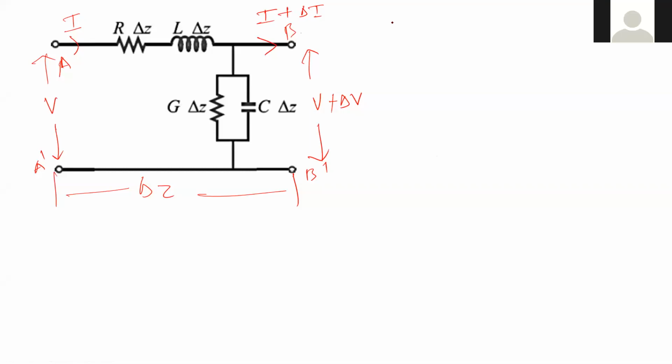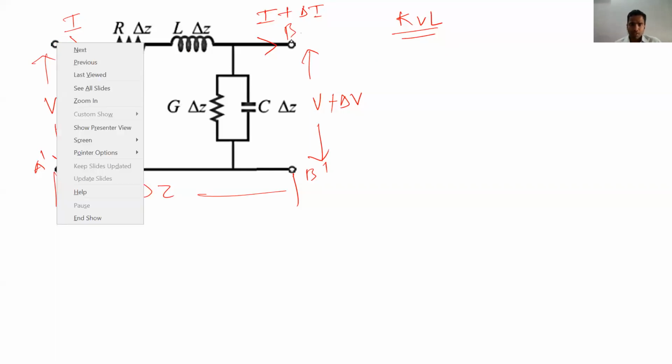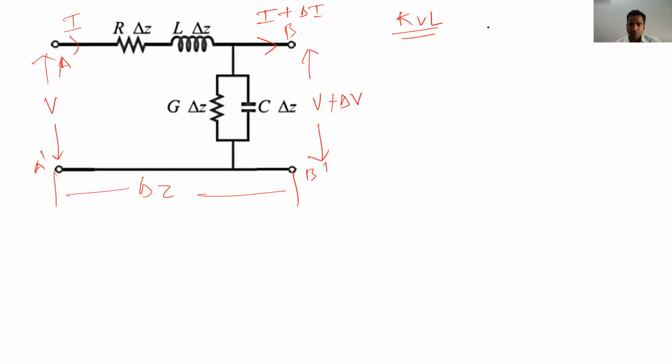Now we'll apply KCL and KVL. When I apply KVL, can anyone tell me what will happen? The potential here is V, and the potential here is V plus delta V. So what will be the difference in potential?